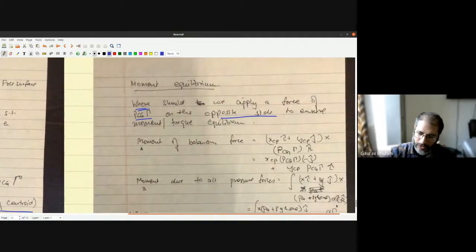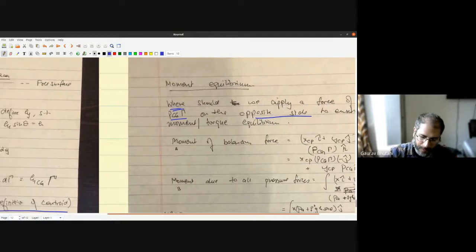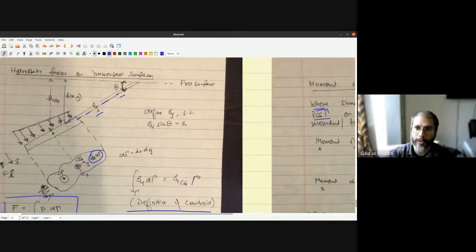By the way, this point at which we apply the opposite force is called the center of pressure. The reason it's called center of pressure is because the pressure distribution results in a net concentrated force. So all this Pcg times gamma is a force which is concentrated somewhere here because of the distribution of pressure forces.